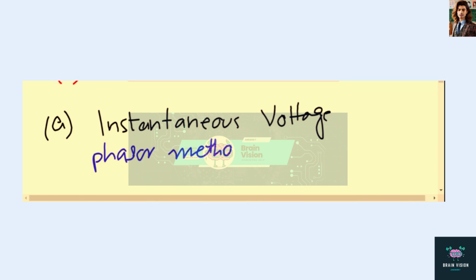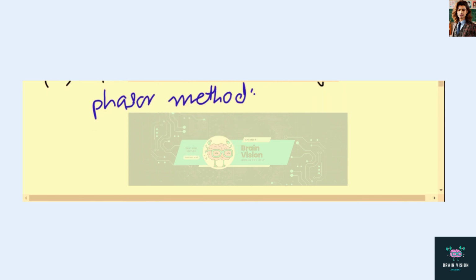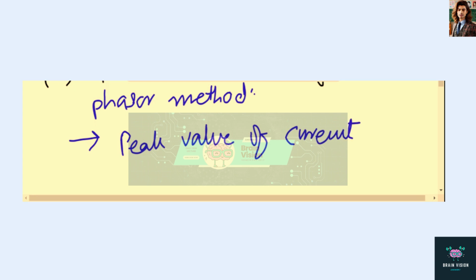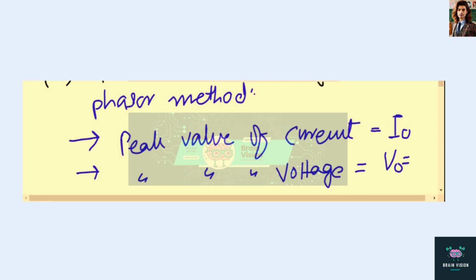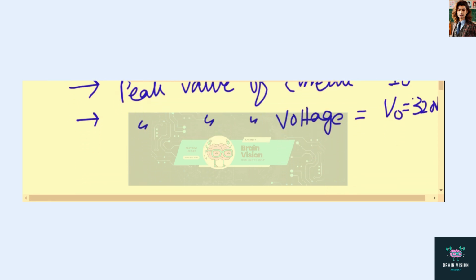First of all, suppose that the peak value of current in this circuit is I naught, and the peak value of voltage in this circuit is V naught, that is equal to 320 volt. Now what do we need to do?